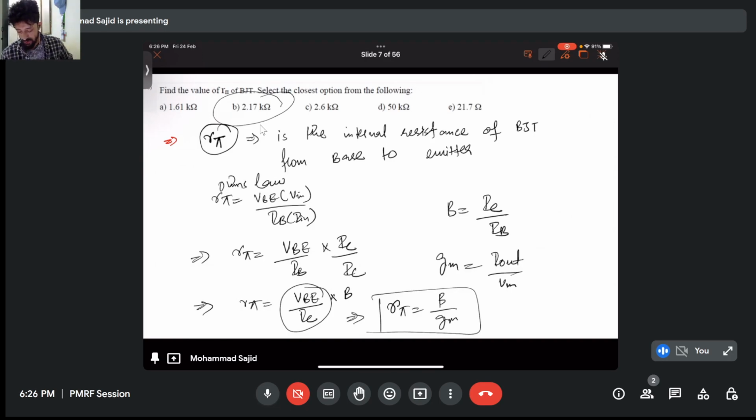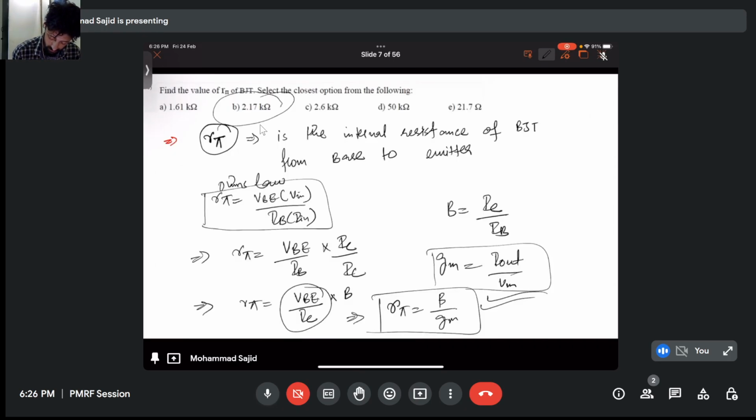What you've learned in this slide is that you can calculate your R pi by using this formula. You can directly use this one. This is the important formula. You should remember this. R pi is equal to beta by Gm, and your Gm is already calculated.